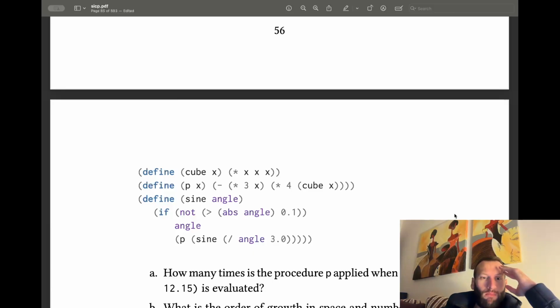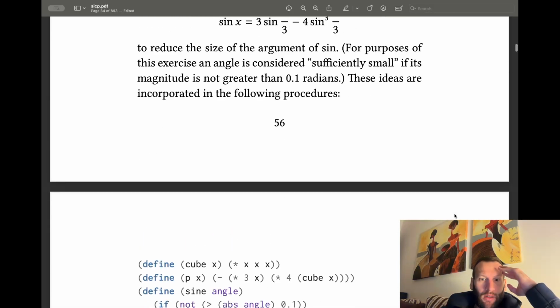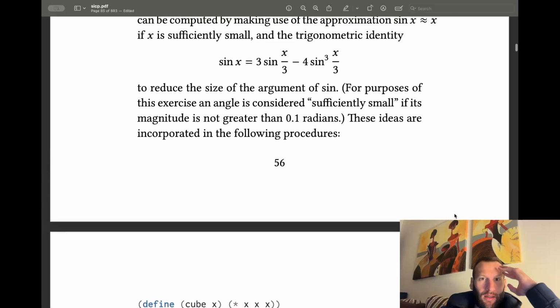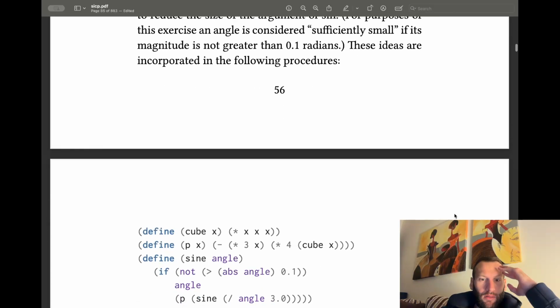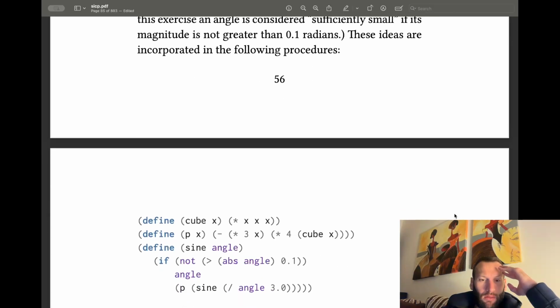We define cube, and we define P. What's P? P of x is 3x minus 4x cube.